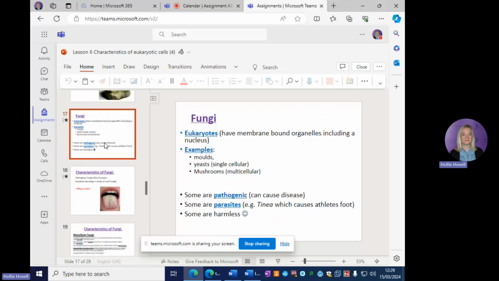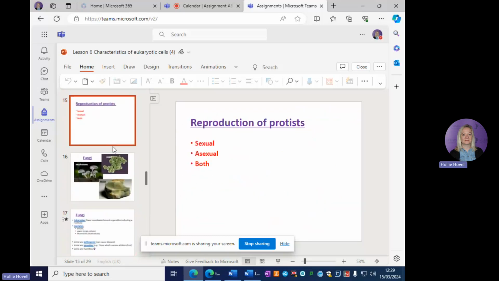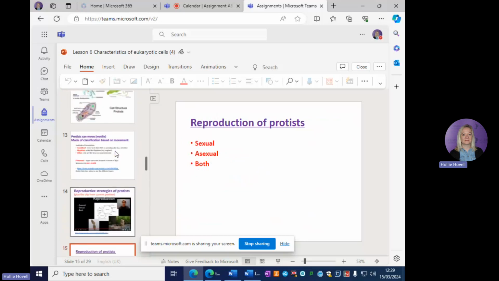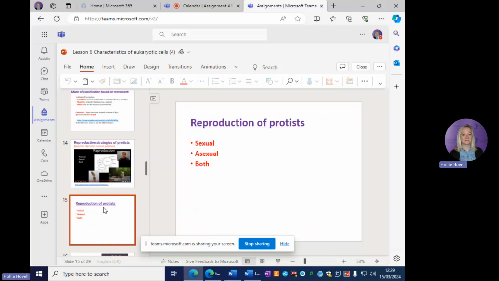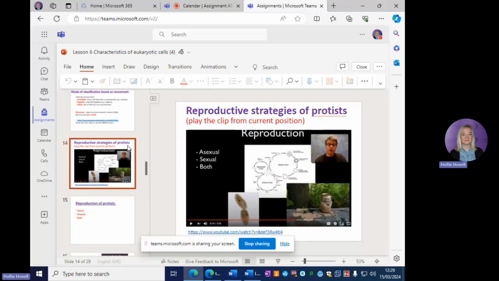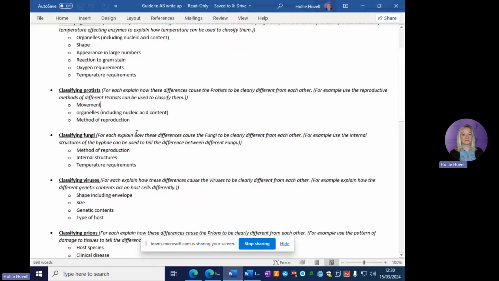We're not on fungi yet, that's why I'm skipping those. I don't think there's much info on the slides apart from this one, but there is a video just there. So for that one, you're going to have to go on that video link and get your ideas from the video and then do your further research from the video there. Then you're going to move on to fungi.